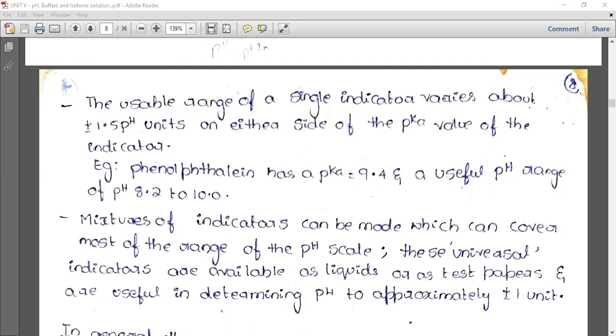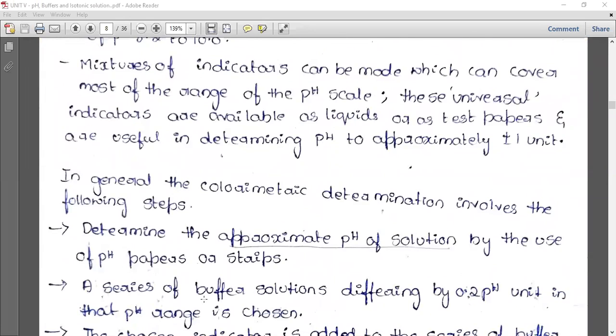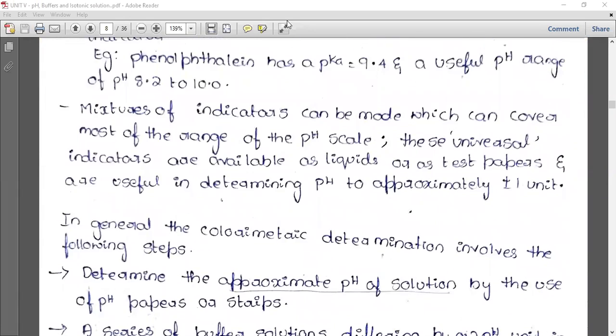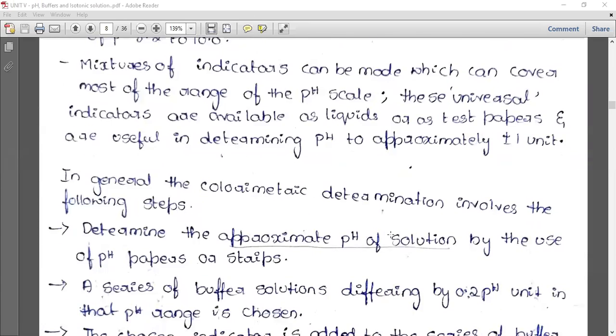For example, in general, how does the procedure go? As I told you, if I give you an unknown solution, how are you going to determine what the pH is? First and foremost, as soon as you get it, you are going to approximately test the pH of the solution using pH paper.